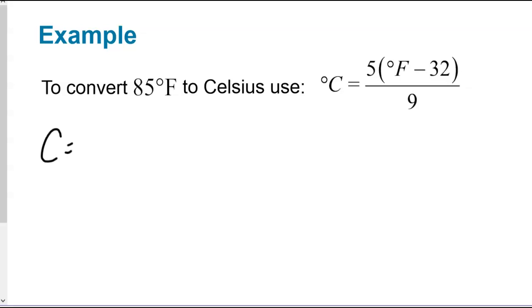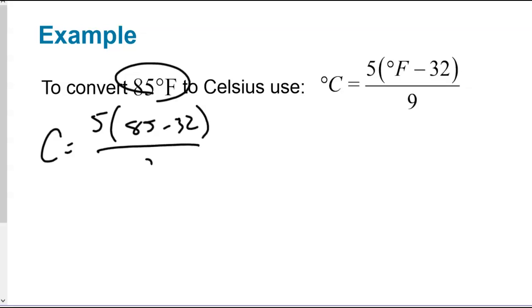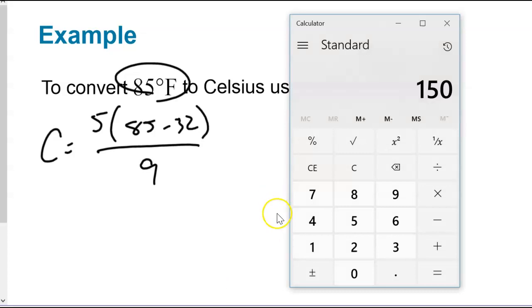And again, rewrite the problem. 5 times Fahrenheit, and in this case, Fahrenheit is going to be 85 degrees, and so 85 degrees minus 32 over 9. We want to make sure to follow our PEMDAS, and the order of operations says that we will subtract first.